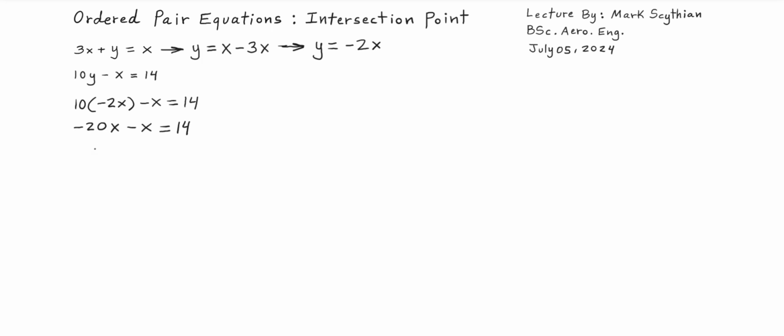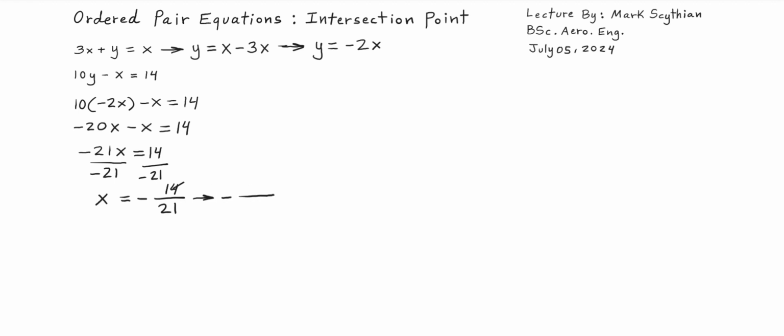So if we were to then simplify, we get negative 21x is equal to 14. Then solving for x, dividing both sides by 21 to isolate x, x is equal to negative 14 over 21, and then we can take this to its lowest terms.